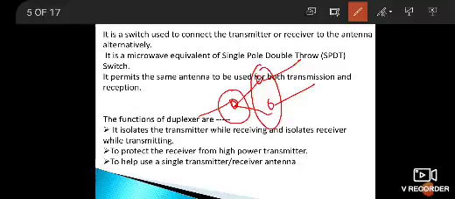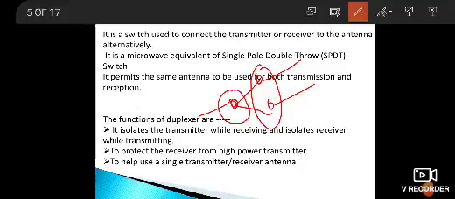So in order to protect our receiver section, we use the duplexer. That is the main use of the duplexer. It also helps us use a single antenna for transmitting and receiving. That means instead of two antennas, we use a single antenna for the operation of the radar system. That is the main function of the duplexer.